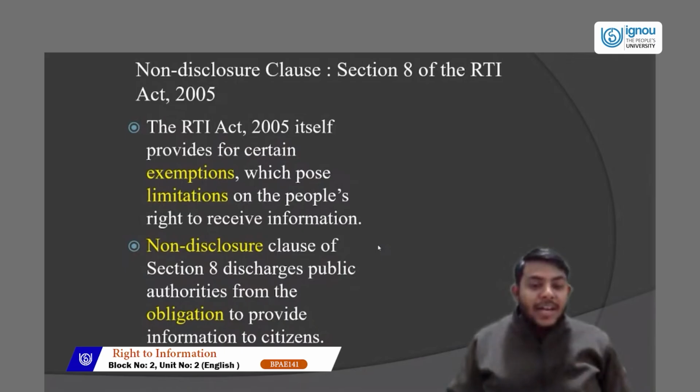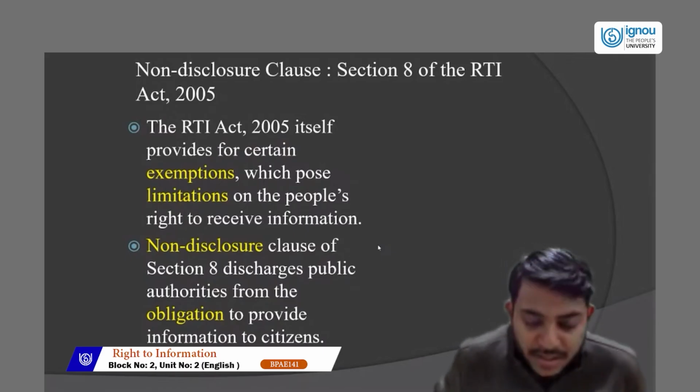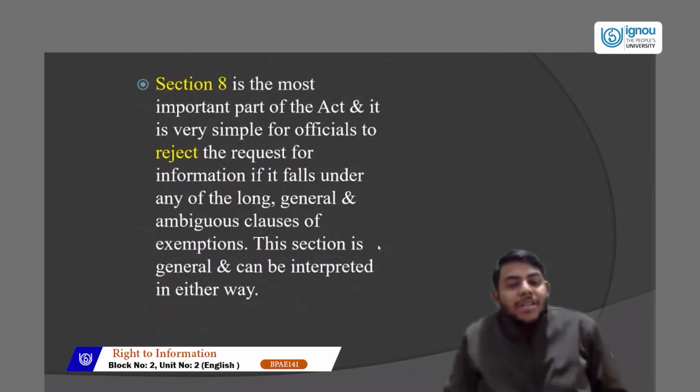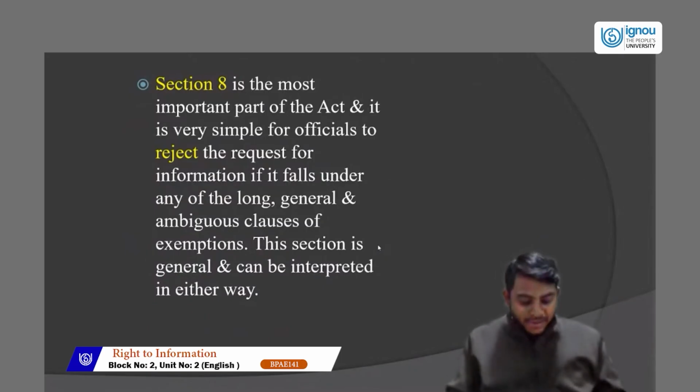The non-disclosure clause, Section 8, discharges public authorities from the obligation to provide information to citizens. Section 8 is the most important part of this Act, and it is very simple for officials to reject a request for information if it falls under any of the long, general, and ambiguous clauses of exemptions. So this section is general and it can be interpreted in either way.